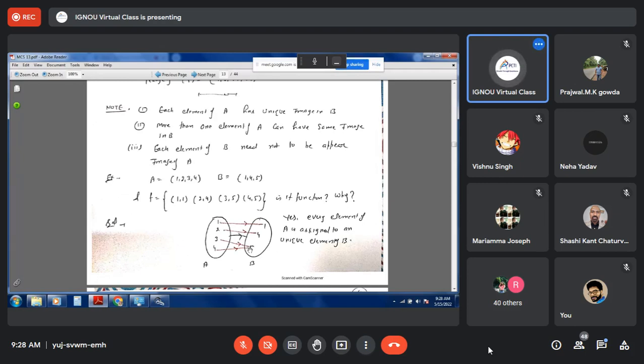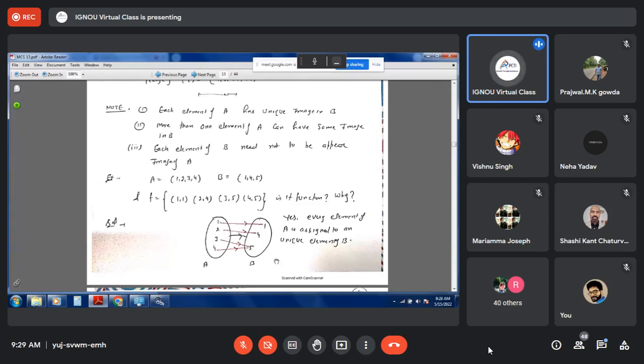Is it a function? Yes, again it is a function. Because see the second property, more than one element of A can have the same image in B. But if it is reversed, remember, if 3 is attached to both 4 and 5, it is not possible.